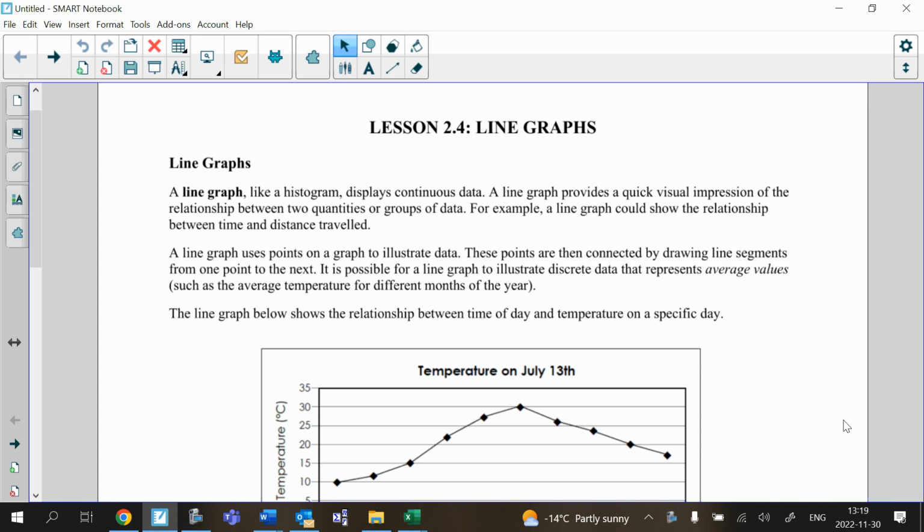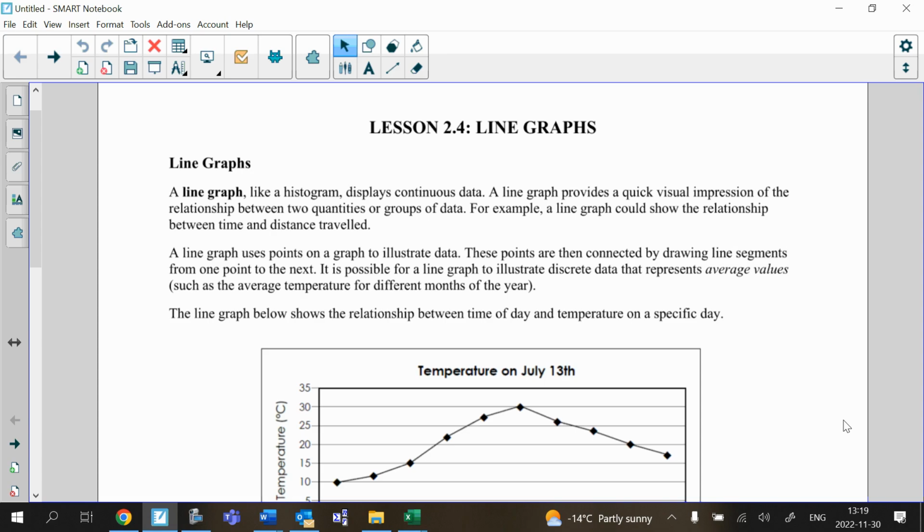There's a couple of vocabulary terms that go with this type of graph that you should be familiar with from science, from grade 9 and grade 10. Okay, so a line graph is for continuous data, whereas bar graphs and circle graphs were for discrete data.